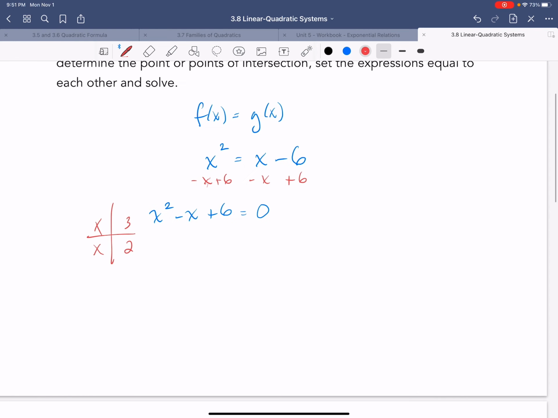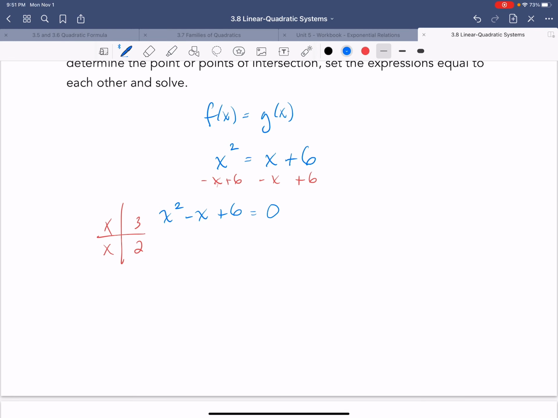Oh, sorry, it's minus 6, my fault. It's minus 6, so here is negative 6. So that works, because we want negative 1 in the middle. So factored is x minus 3 and x plus 2, which means one x value is 3. The other x value, or the other root, is negative 2, which is what we found above.